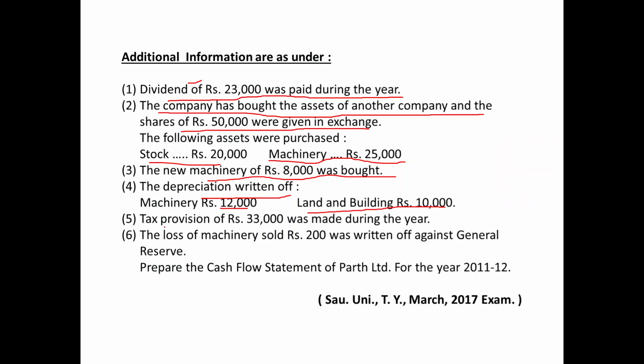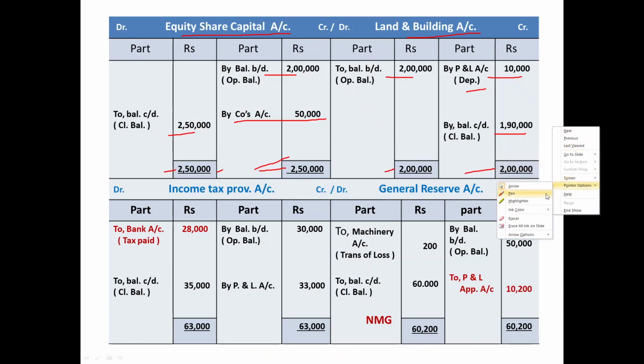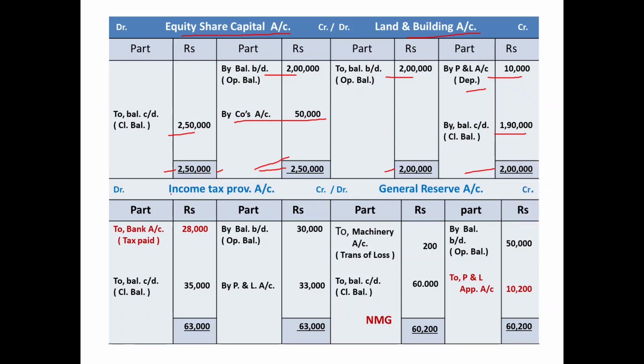Point number 5. Tax provision of rupees 33,000 was made during the year. Current year's tax provision 33,000. Let us give the posting in the ledger account of income tax provision. This is the income tax provision account. Opening balance 30,000, closing balance 35,000.